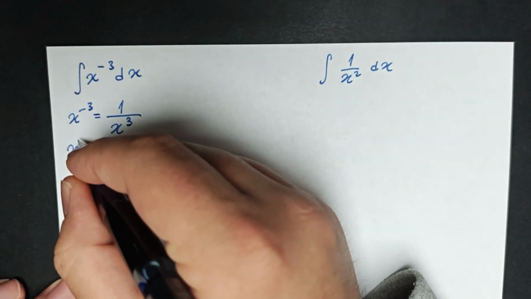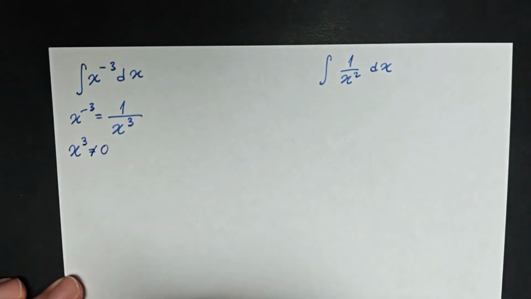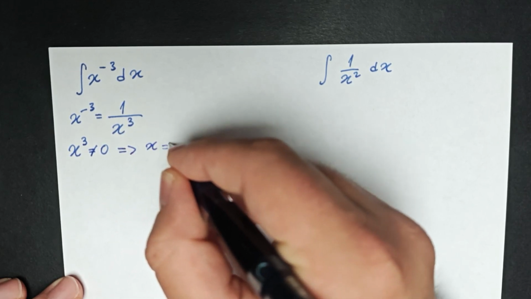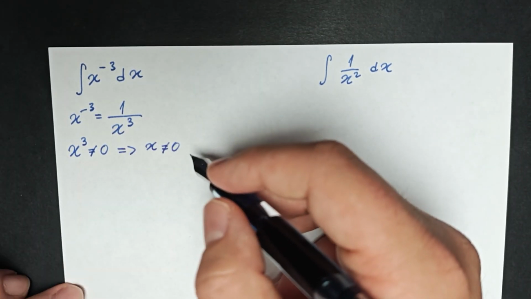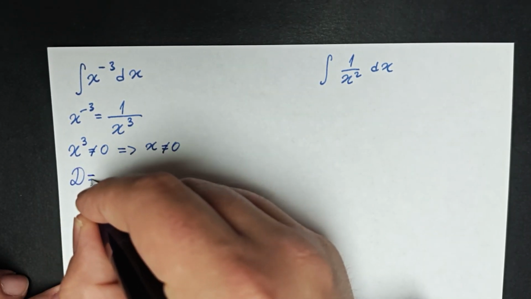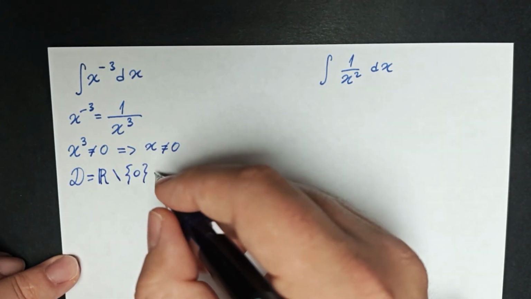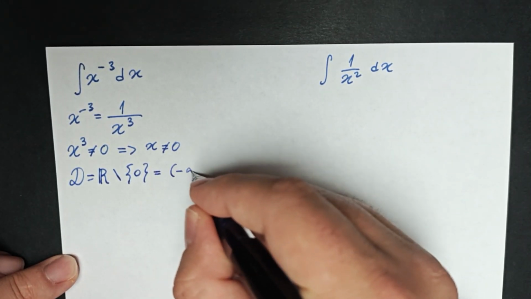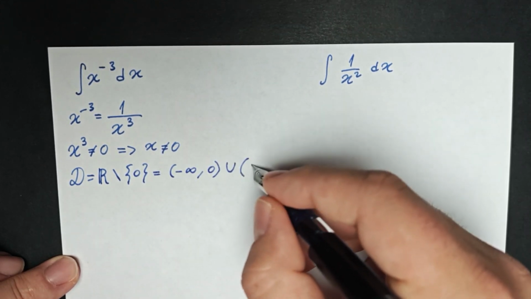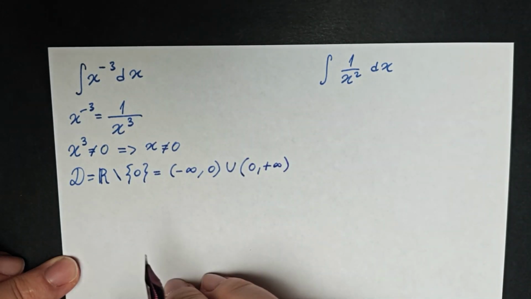That means that x cubed has to be different than 0 as division by 0 is not allowed. Therefore, x has to be different than 0. That is going to give us the area in which this integral is defined to be the entire set of real numbers except the number 0. So you can write this as the interval from negative infinity to 0, union the interval from 0 to positive infinity, where this 0 is not included.